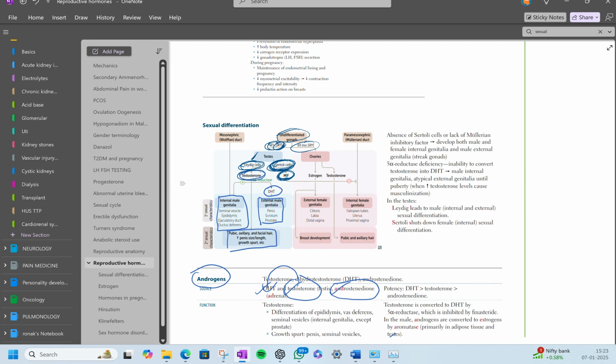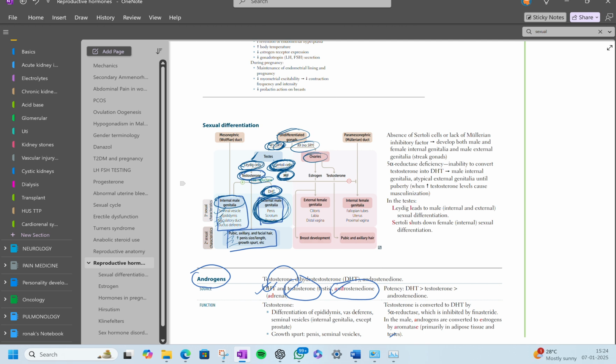The testosterone develops the internal male genitalia, ductus deferens, pubic and axillary hair, penis size, everything, and testosterone will then, with 5 alpha reductase, become dihydrotestosterone and cause the external male genitalia development.